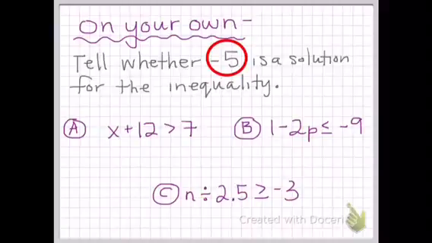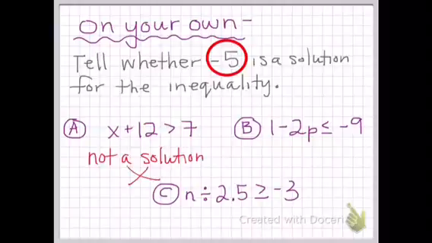Very, very good. I love all the hard work. Okay, so A, you should have gotten this. Not a solution. X. You should have gotten for B. Not a solution.